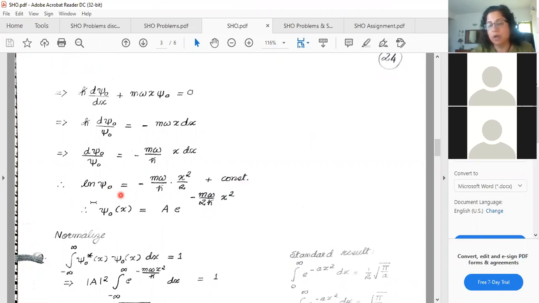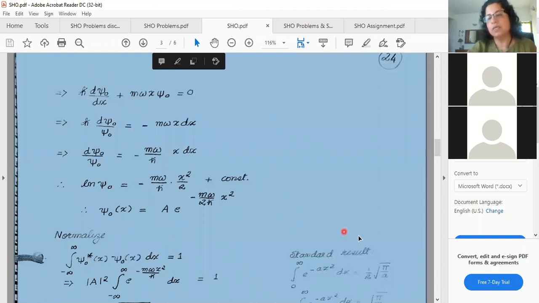So your ground state, psi 0 of x, is equal to A e to the power of minus m omega by 2 h cross into x square. This is basically your ground state wave function. A, of course, you can just get from your normalization.